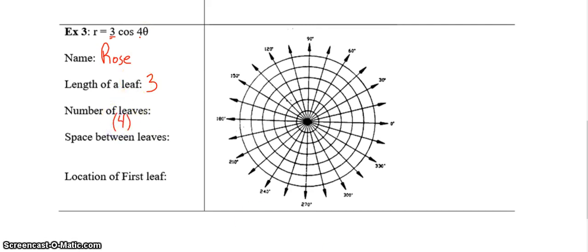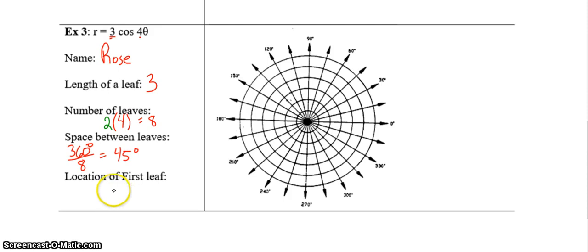It's even, so we double it. Gives us a total of 8 leaves. So the whole circle, we're spacing 8 of those all around the circle. 360 divided by 8 is 45. So we know how far apart each leaf is.